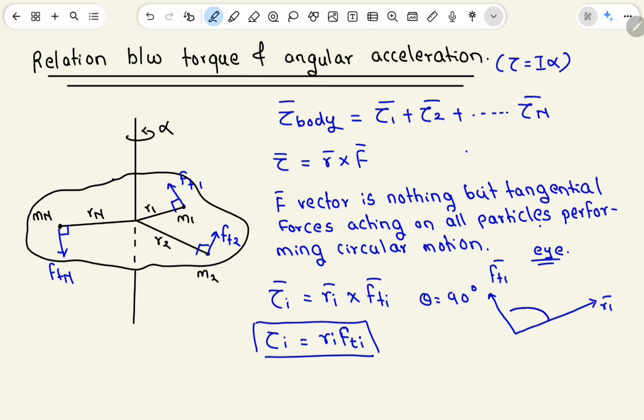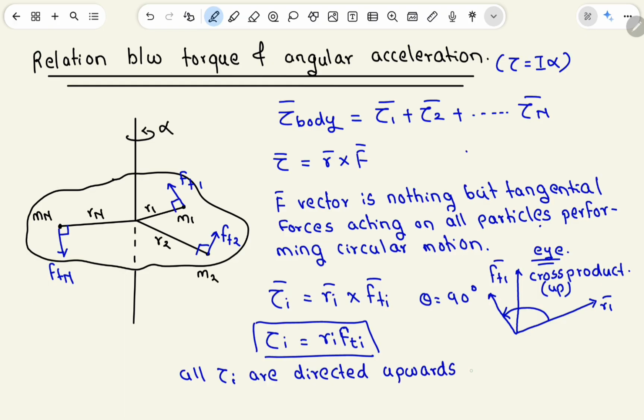When Ri bar is rotated towards Fti bar, we can see from the top that the rotation is anti-clockwise, and whenever the anti-clockwise rotation exists, the direction of the cross product is towards us, which means upwards. Therefore we can conclude that all tau i are directed upwards, in the direction of alpha bar.